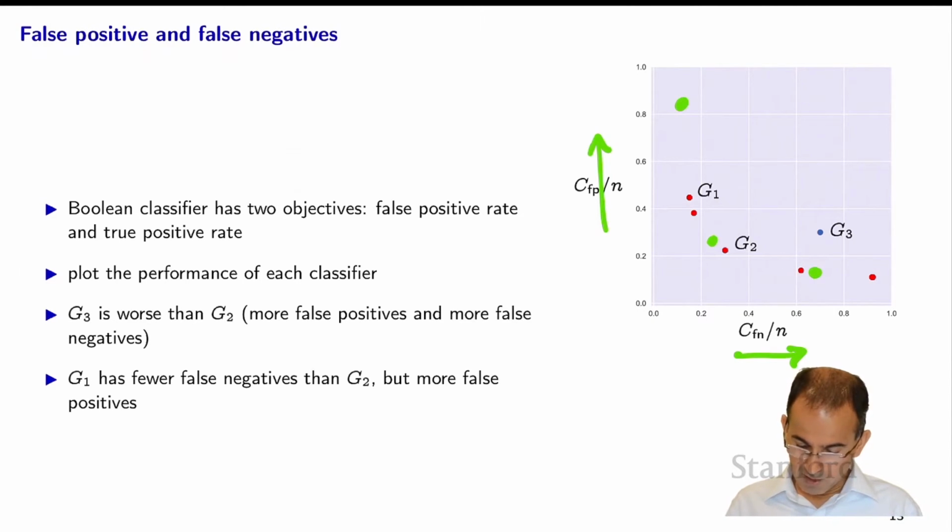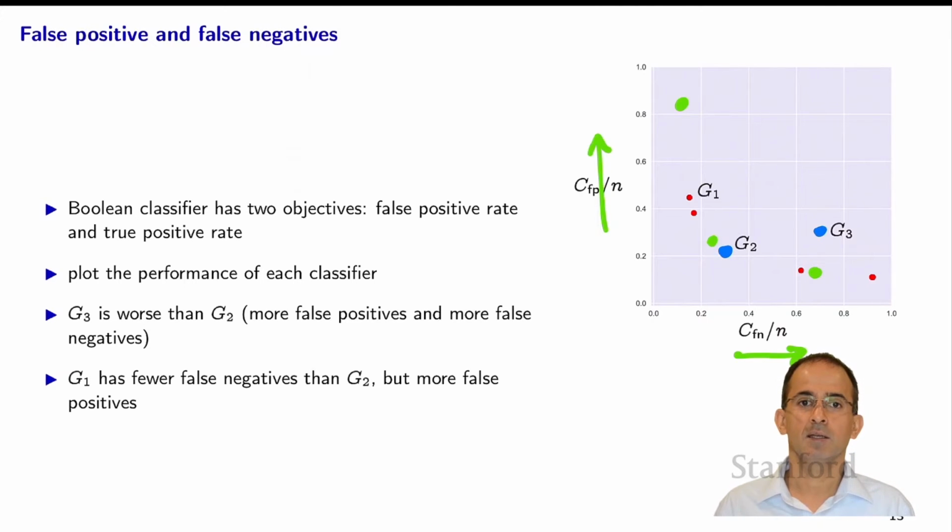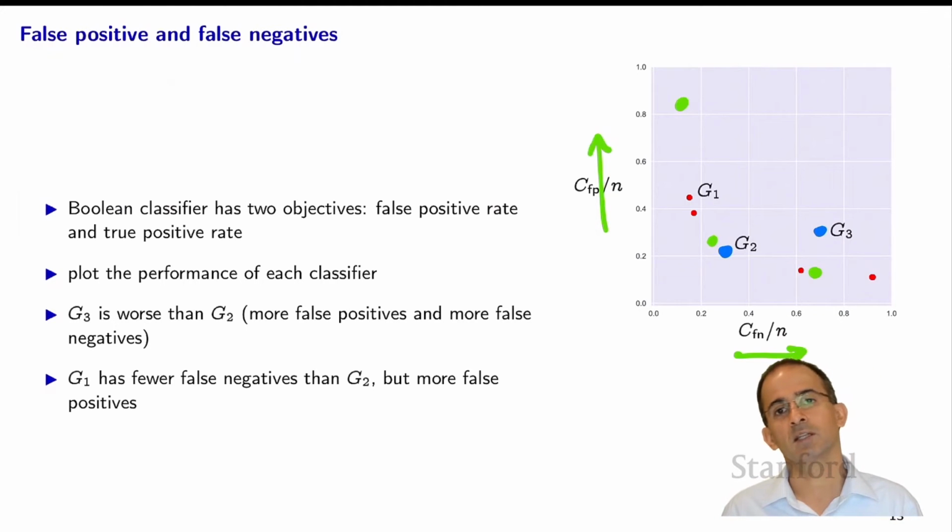And the reason you would never use G3 is that if you compare it with G2, well, G2 does better in terms of the false positive rate and the false negative rate. And so G2 wins on both counts, and even if you're more concerned about one of those measures than the other one, you'd still use G2 over G3.